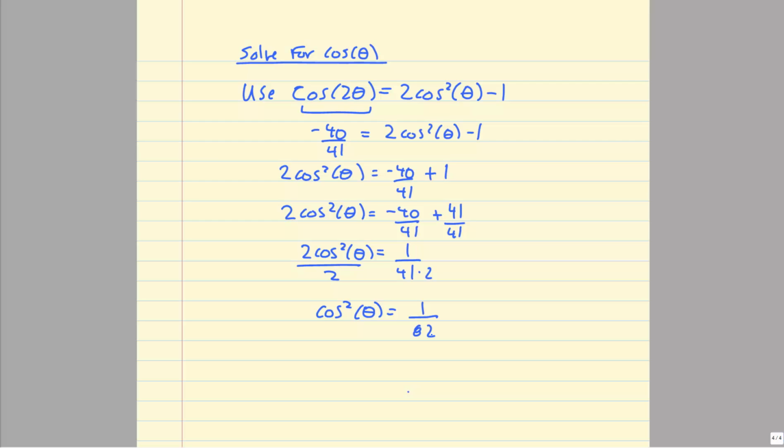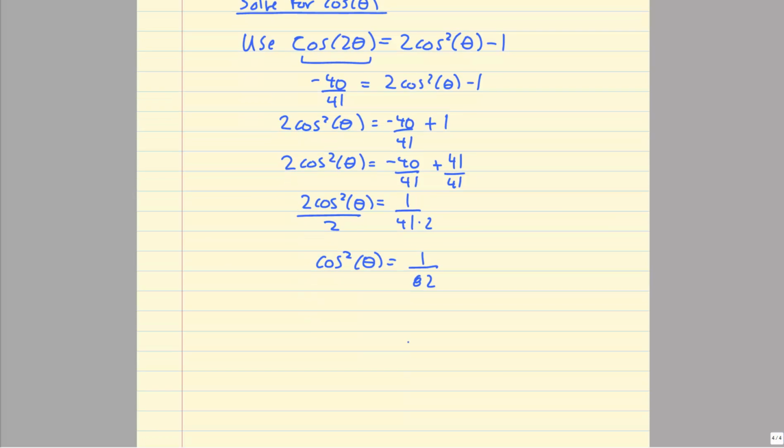Now I take the square root of both sides, and when I do, I have to remember which quadrant I'm in. So I'd have cosine of theta equals plus or minus the square root of 1 over the square root of 82. But I'm in quadrant 1. So if I'm in quadrant 1 here for angle theta, that would mean I would look at the positive root here.